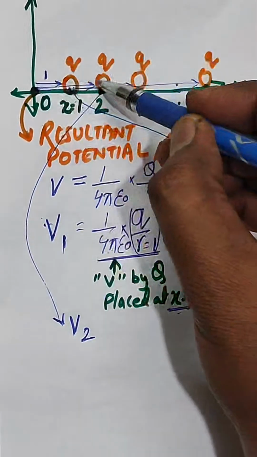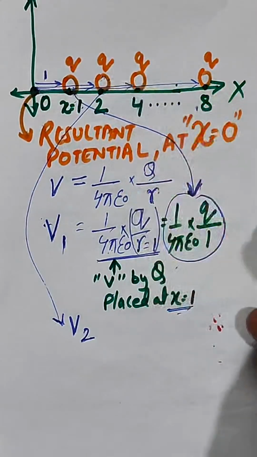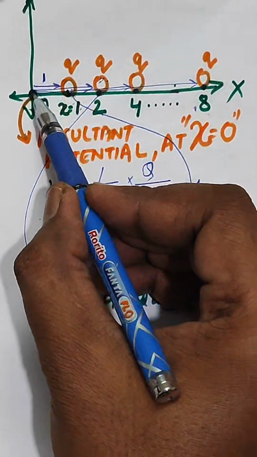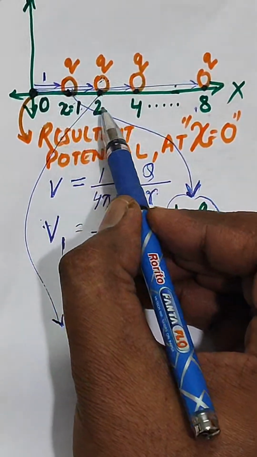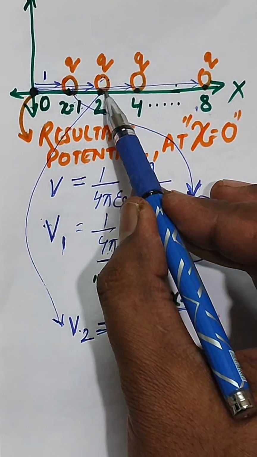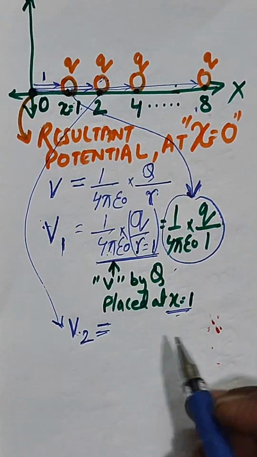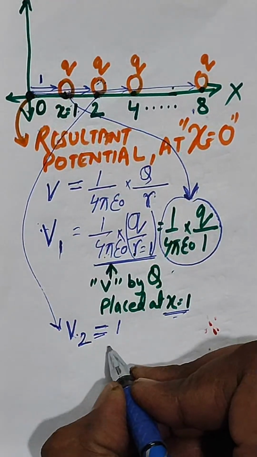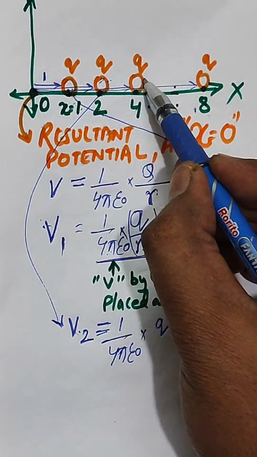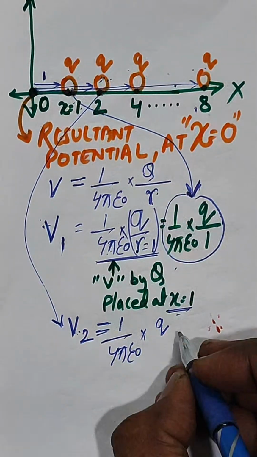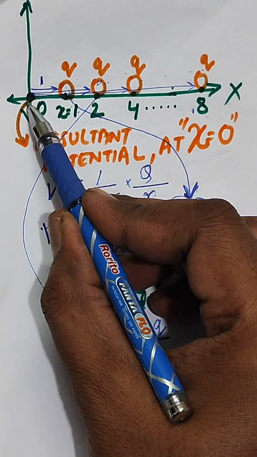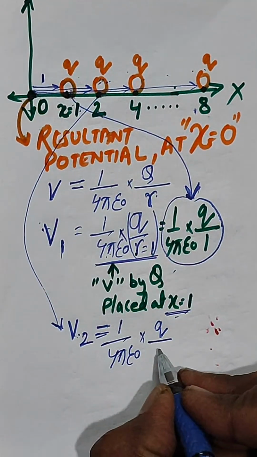So v2 will be equal to again 1 by 4 pi epsilon 0 into q, because all charges are of equal magnitude q, divided by the distance, so here r equal to 2 in the denominator.